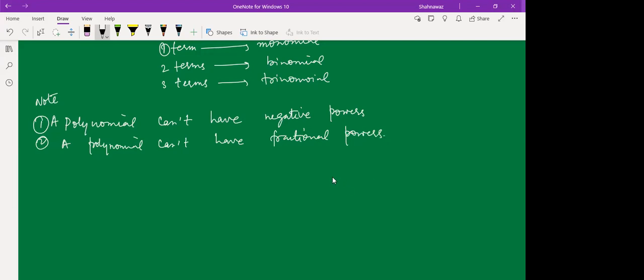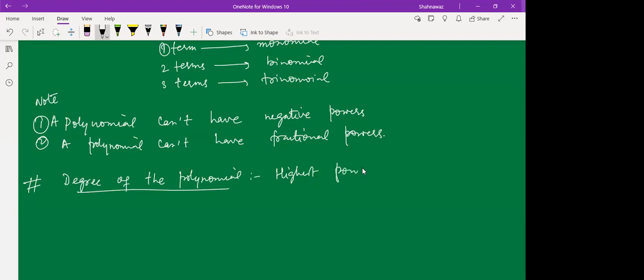And then we divided the polynomials on the basis of the degree of the polynomial. The degree of the polynomial is the highest power on the variable. I'm just repeating what we have studied in the previous class. If we have degree one, this is called a linear polynomial.